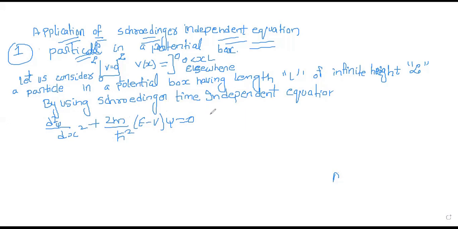This can also be written as the second partial derivative of psi with respect to x, plus 8 pi square m by h square into E minus V, into psi, equal to 0. This is equation number 1.